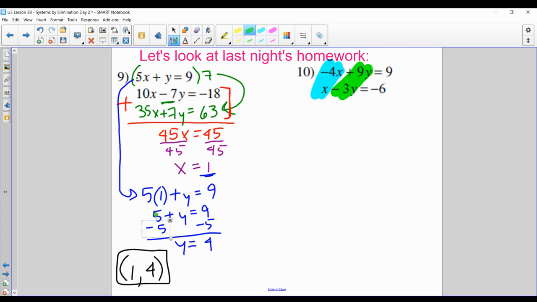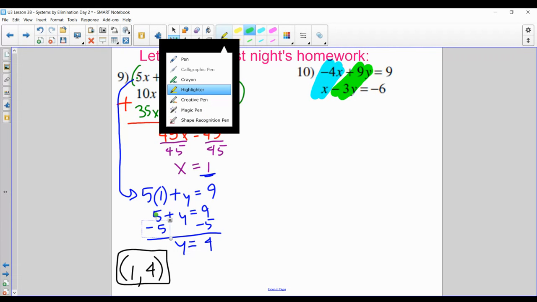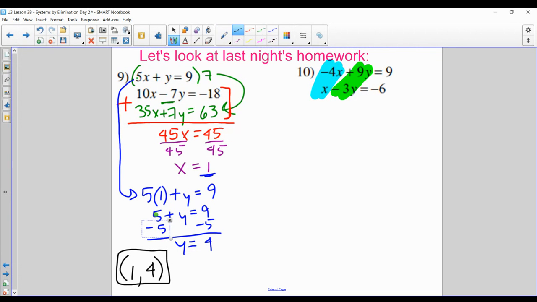I'm going to multiply the second one by 3. So I'm going to get this new equation that is 3x minus 9y equals negative 18.